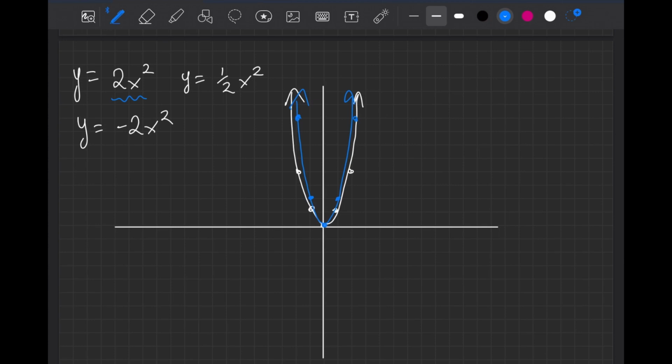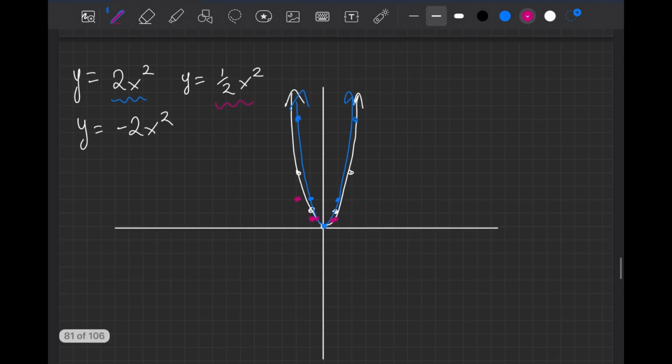So that's that one. And then if it's 1/2 x squared, I'll do it in the purple, the pink. Then all the points will basically be compressed. So 1, 1 would now be 1, a half instead. And if we go left to right 2, we would normally go up 4. This time we would only go up 2.